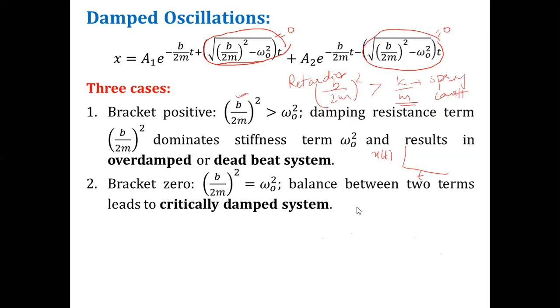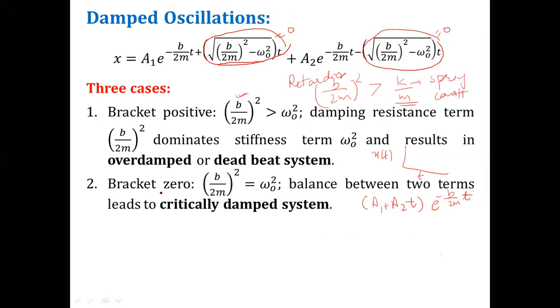But I'm not going to go into the details of that. Usually in this case, rather than saying both of the roots are equal, you say that the general solution would be of this form: A2 multiplied by time, e raised to power minus b upon 2m, multiplied by t. You don't have to bother about this solution. It is extra information, you can store it somewhere else.